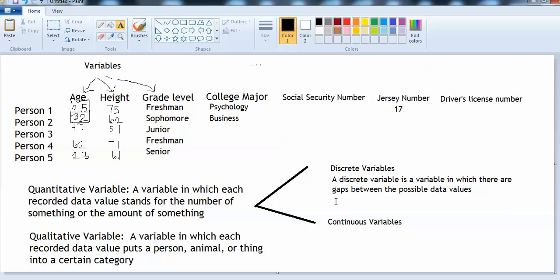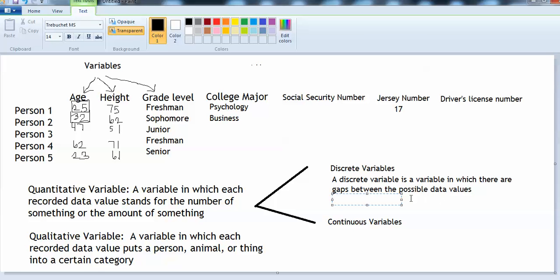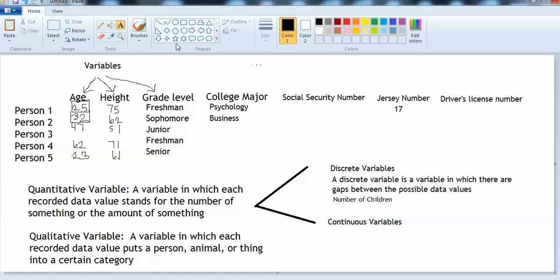So what do I mean by this? If you ask a person, how many children do you have? We'll use that as our first example. The person might say, I have one child, or maybe 2 children, or maybe 3 children, but they'll never say anything in between.